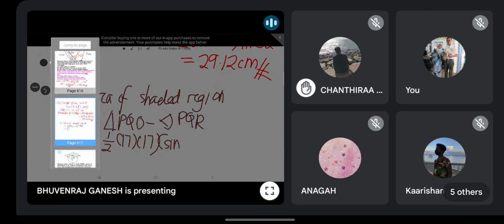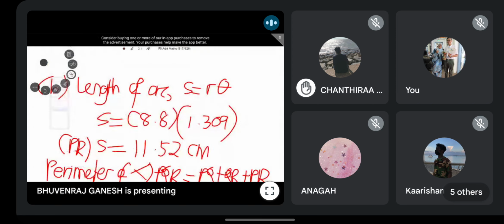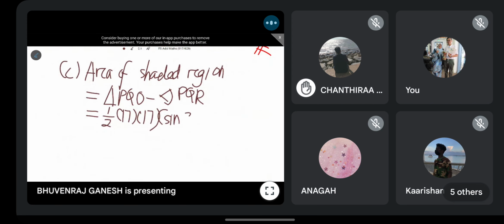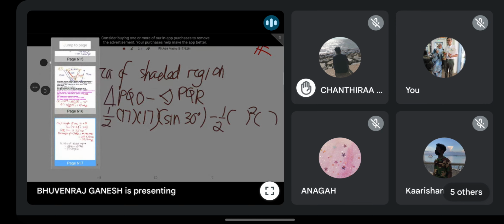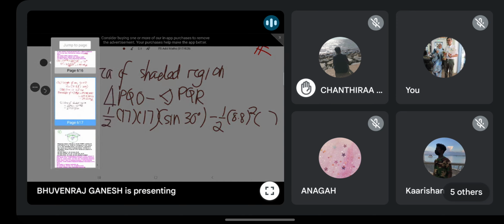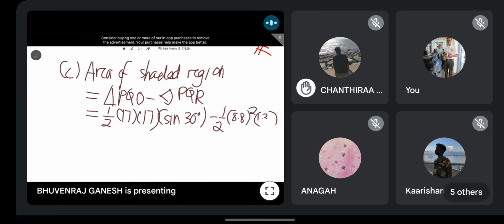Make sure the angle is in degrees: 30 degrees. Then minus sector PQR: half R squared theta, with radius 8.8 and theta 1.309, which we found earlier.